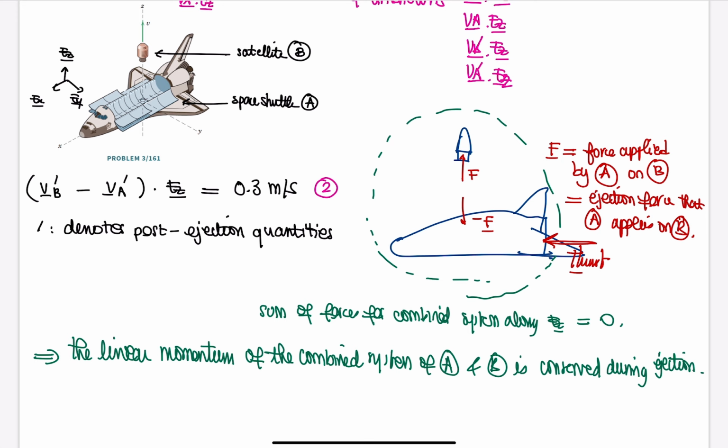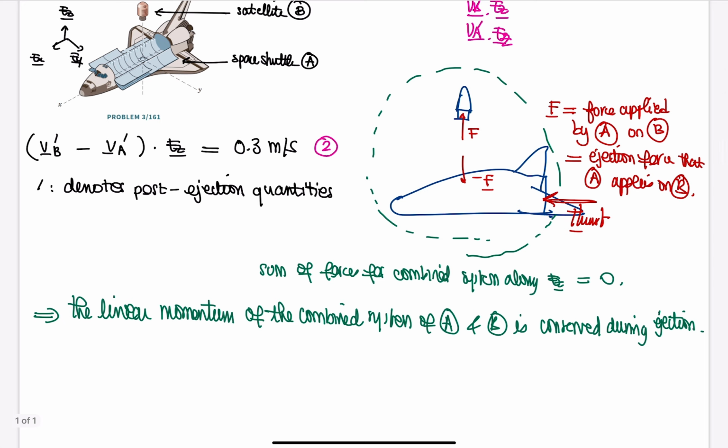Okay, so then I can write that the linear momentum of the system pre-ejection is the linear momentum of the system prime post-ejection. And what is the linear momentum of the system? It's the sum of the linear momenta of the constituents. So that's MA VA plus MB VB is equal to MA VA prime plus MB VB prime.